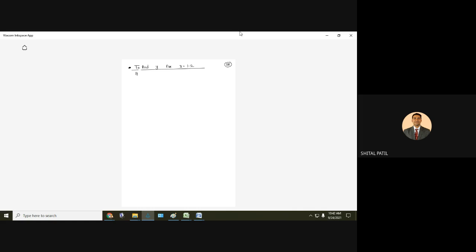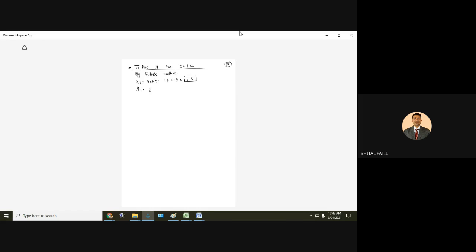So the first answer is to be obtained by Euler's method. x naught is 1, h is 0.2. From where is h obtained? It is given in the example.